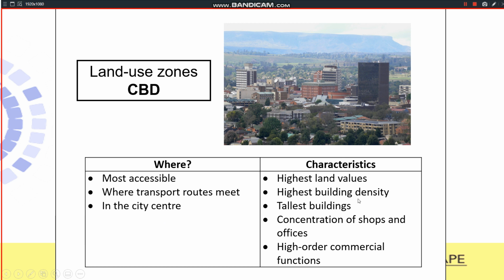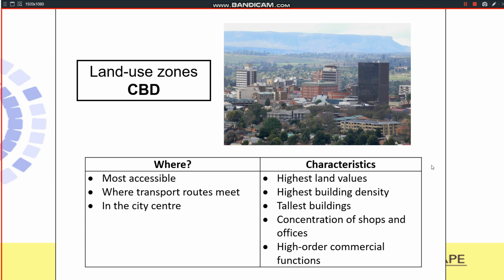What are the characteristics of this zone? It's got high land values, meaning the values of the land here are very high. Land is expensive. That is what we meant when we defined land values previously. We also said, when we showed you a diagram, that the highest building density is found here.